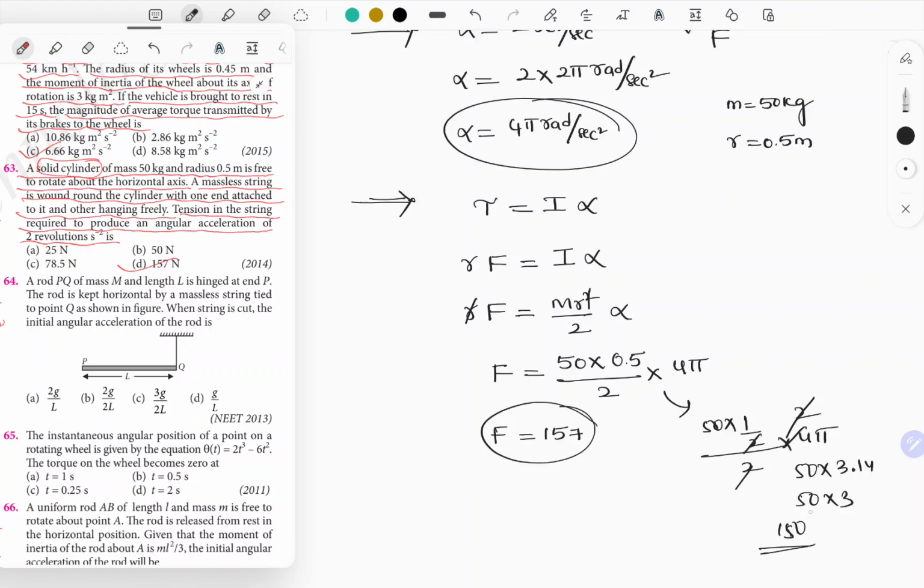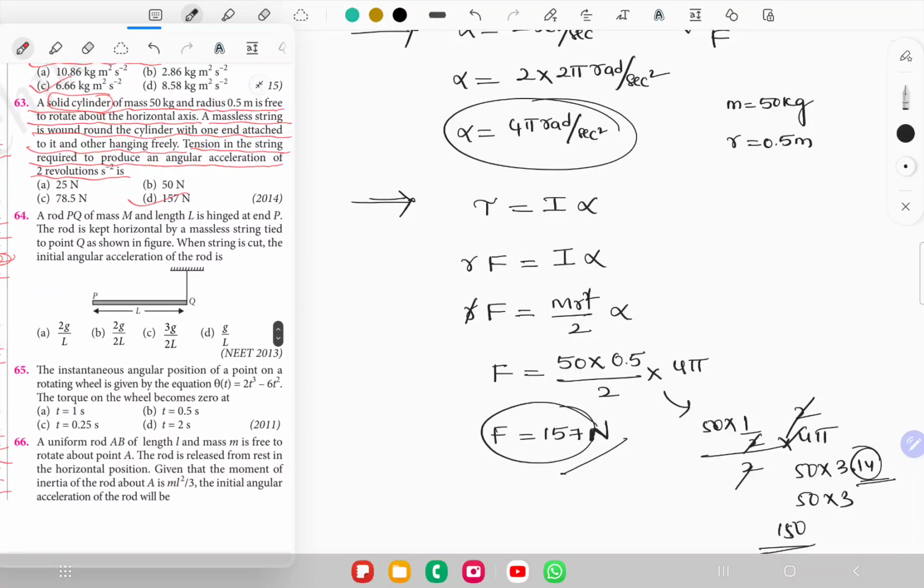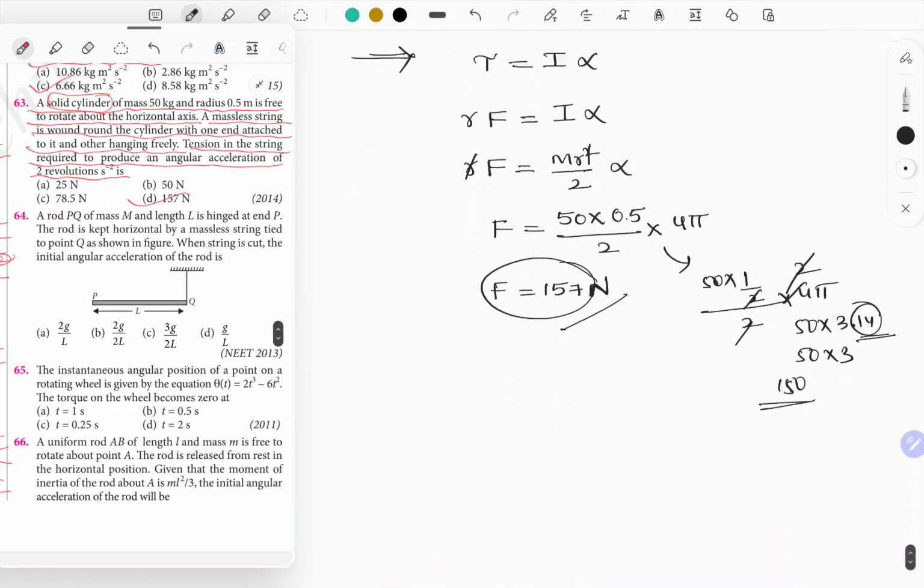But the answer is not going to be exactly 150, because I approximated 3.14 to 3 only. So the answer should be more than 150. Whichever option matches and is very close to 150 is the answer. Understood? Very good. Next, question number 64. Let me solve.